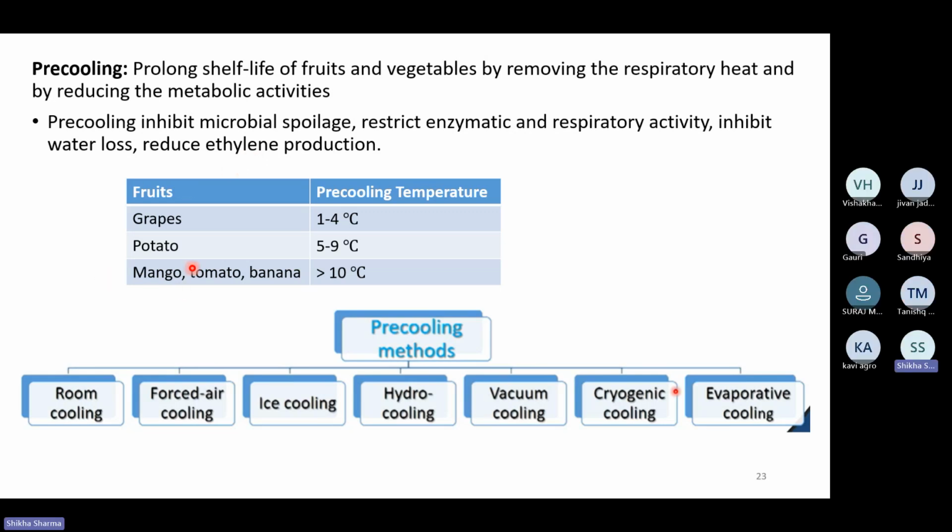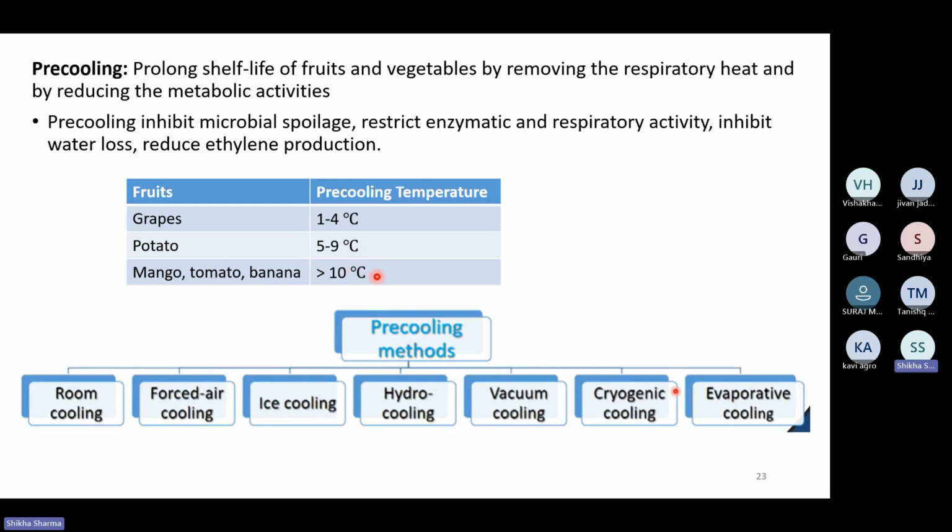In this table on the left hand side, there are different fruits like grapes, and they have their pre-cooling temperature. So this is an example: grapes have a pre-cooling temperature of 1 to 4 degrees Celsius. Potato has 5 to 9 degrees Celsius.